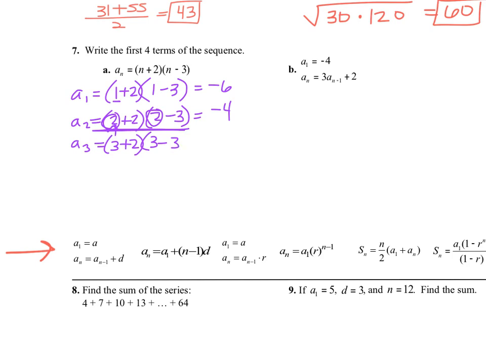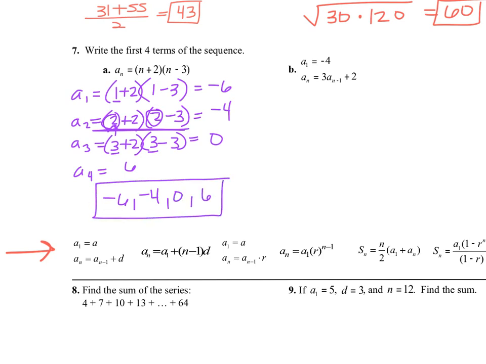When you plug that in, you get 0. And then a sub 4, plug it in, make a 4 here and a 4 here, and that one you get a 6. So your first four terms would be -6, -4, 0, and 6.